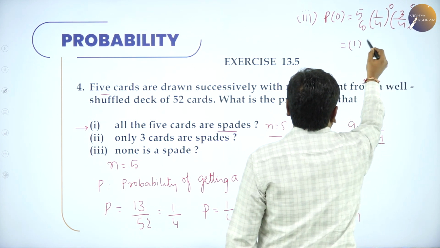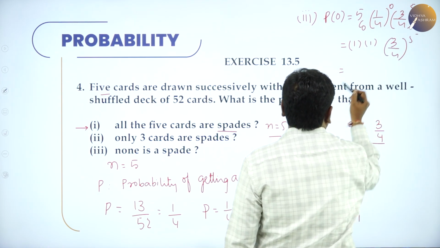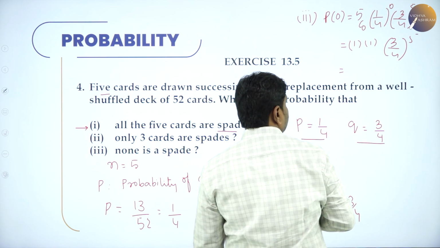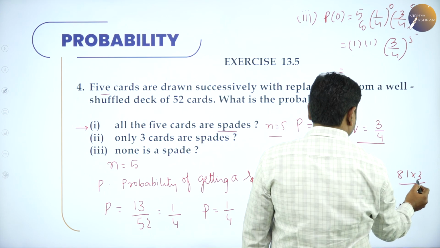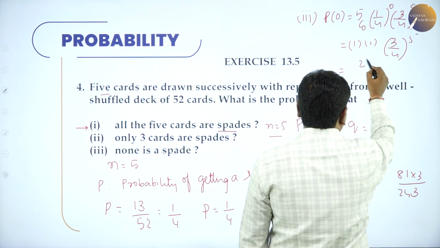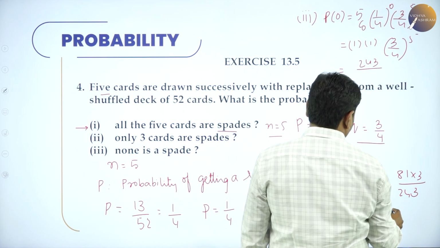So 5C0 is 1, and 3 by 4 power 5 is the answer. 3 power 5: 3 3s are 9, 3 9s are 27, 3 27s are 81, into 3, 3 1s are 3, 3 8s are 24, so 243 out of 4 power 5.